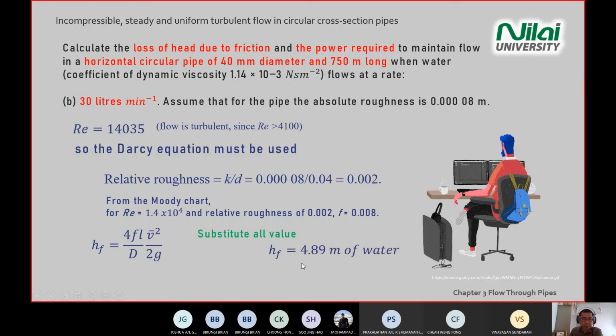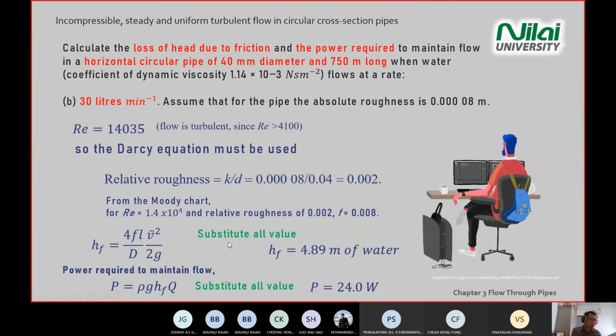So HF is 0.4 meter, about 5 meter of water. Power required is 24 watt. Okay, so question 24, or this example 25, is an application of the Darcy equation and combination of the Moody chart.